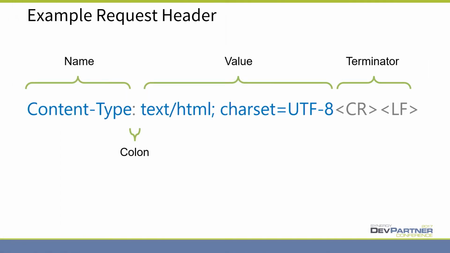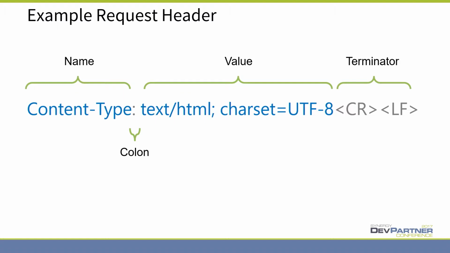So there's an example of a request header. This is one of the standard ones, content-type. The HTTP spec requires that if you're sending data to the server, you have to identify to the server the type of data that you're sending to it. So basically every post or put request requires a content type header that identifies the MIME type.